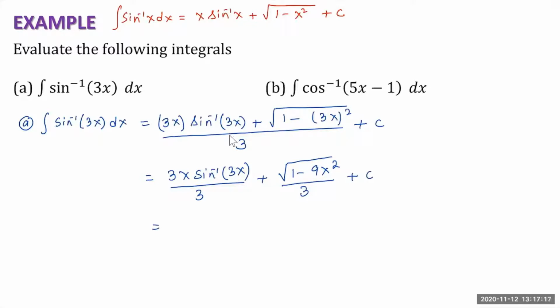This can be written as: here 3 and 3 get cancelled because 3 divided by 3 is 1, so they cancel out. And we have x sine inverse 3x, then plus, here I'm dividing by 3, which is the same as multiplying by 1/3, 1/3 times the square root of 1 minus 9x squared plus c. So that is the value of the integral given here in part A.